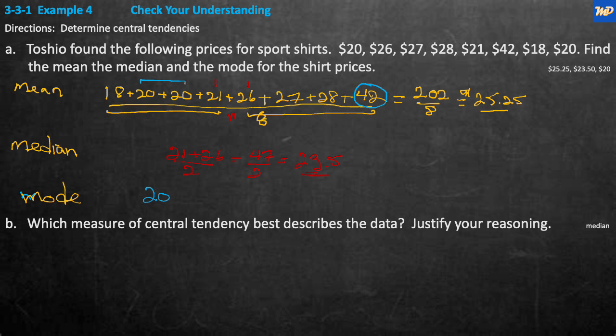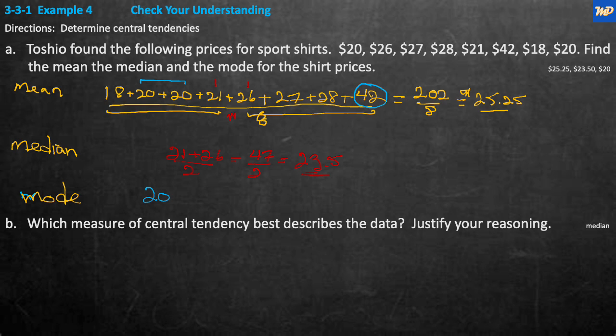So it's probably going to disturb our results when we're trying to find the best fit central tendency. So then we go to the median. Well, the median says pick the two middle values. The two middle values give 23.5. Well, the median could very well be the number we're looking for. Could it be the mode? The mode is 20. Well, the mode sits way at the bottom down here, and we know that the average is 25, which is jacked up a little bit because of the 42.